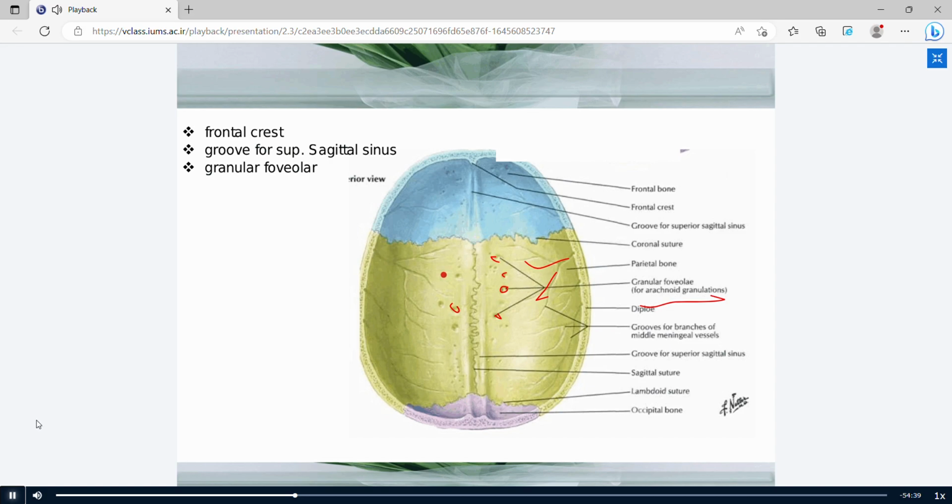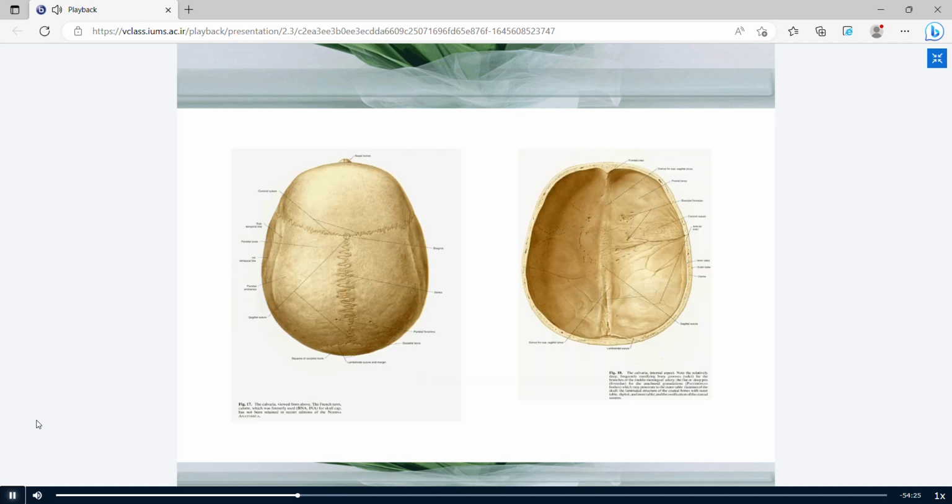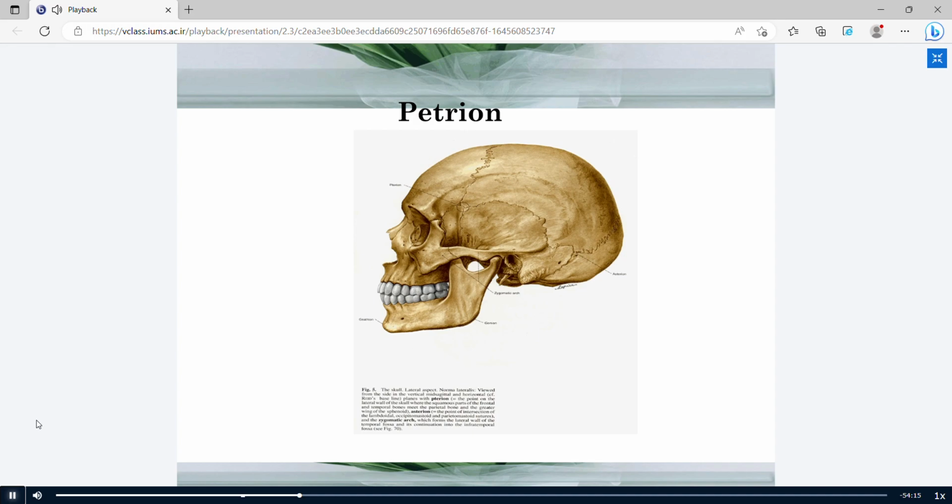And finally, in the internal surface, there is a continuous groove for the superior sagittal sinus in this bone. This is the external surface, and this is the internal surface of the parietal bone.